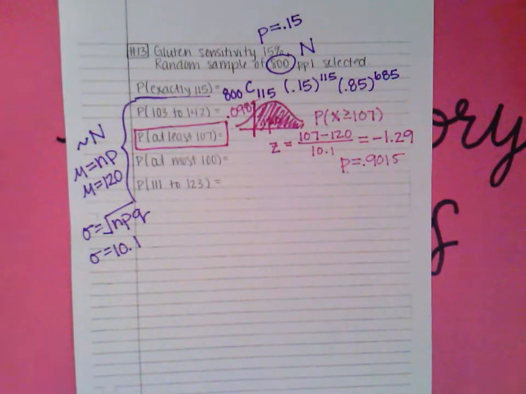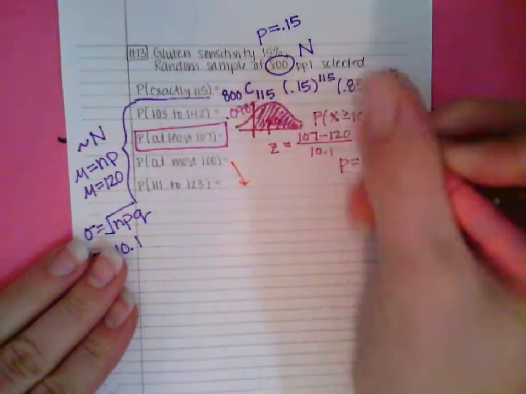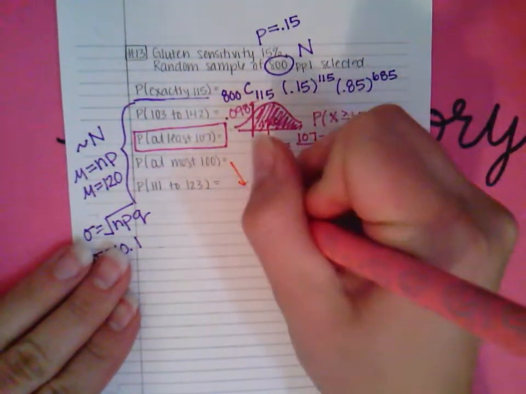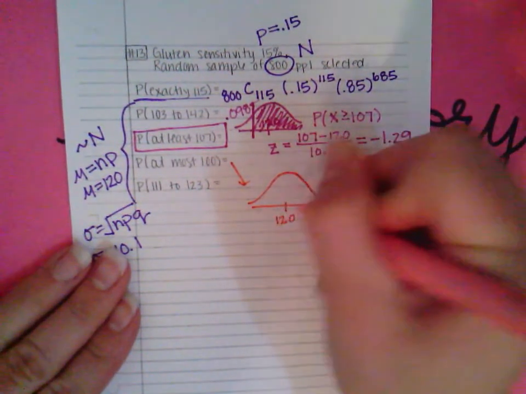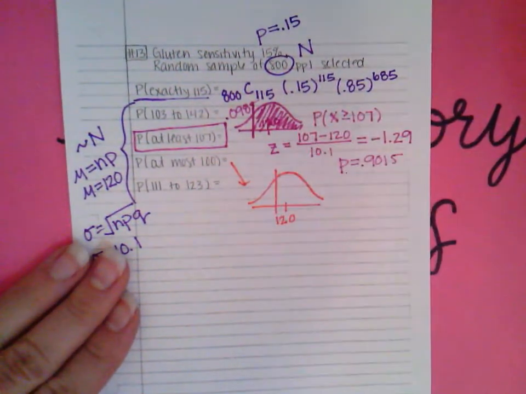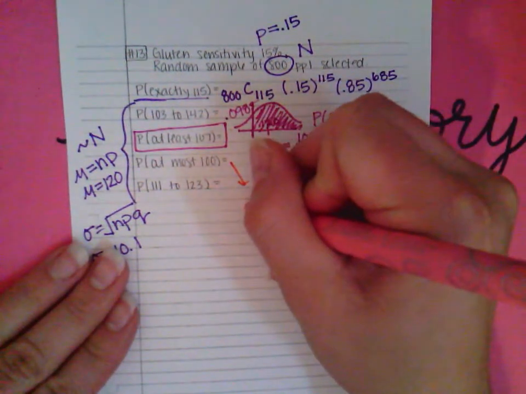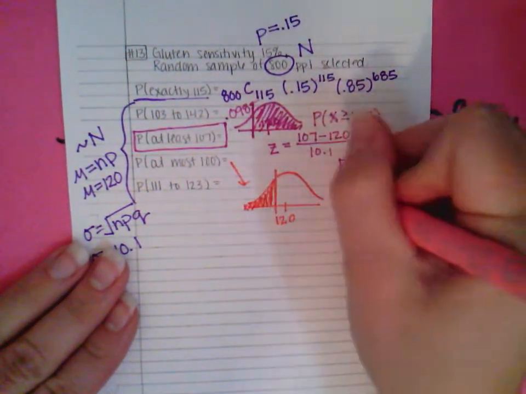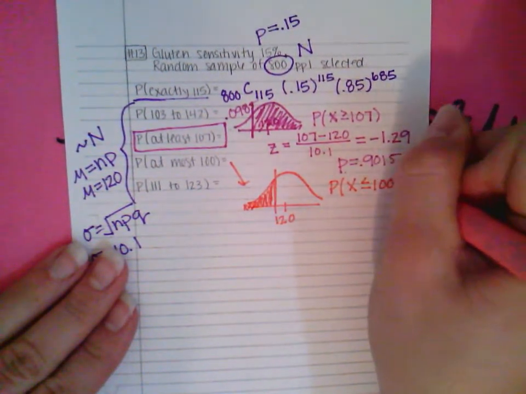If I want at most 100, my mean is 120, and 100 would be over here. At most 100 means I want this side, the probability x is at most 100.